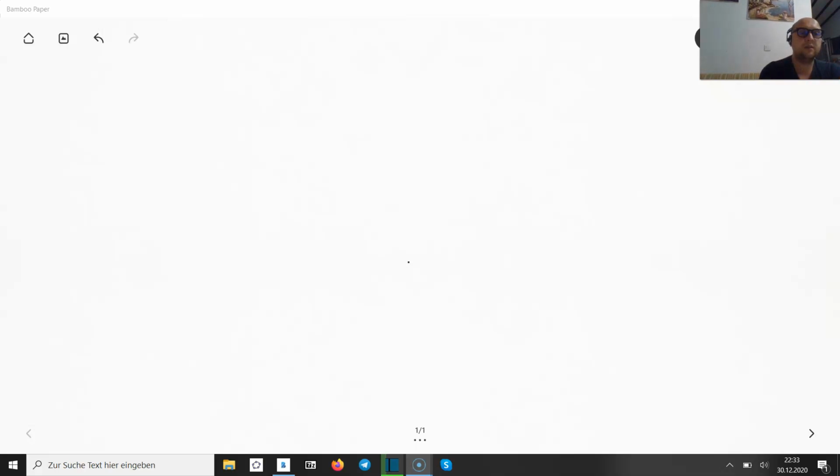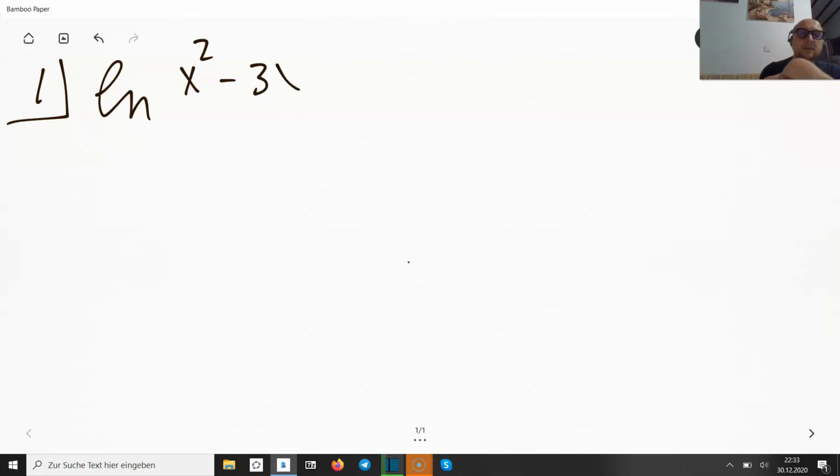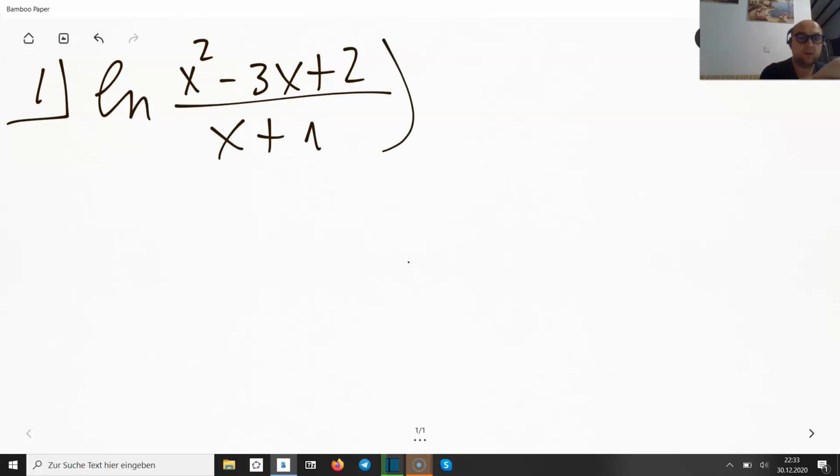We'll see, first of all, I'm considering ln of, let's say, (x squared minus 3x plus 2) divided over (x plus 1). All right. If we're talking about the domain of a logarithmical function, that means the expression must be strictly bigger than 0.